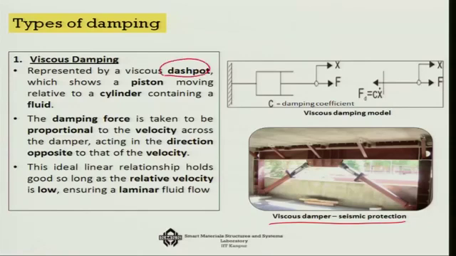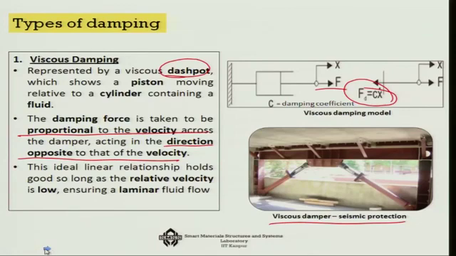This dashpot has a piston and cylinder combination, and the damping force here is considered to be proportional to the velocity across the damper and acting in the direction opposite to that of the velocity. So, if the direction of force is this way, then the damping comes as an opposing force, opposing the direction of the velocity. This is very important in the viscous damping model.